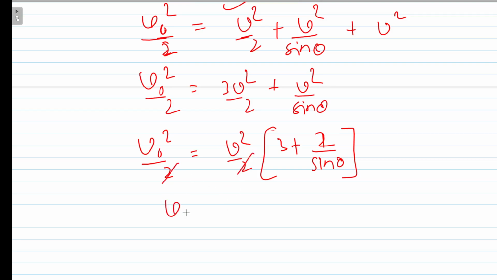This gets cancelled, so v naught square by v square is equal to आ जाएगा 3 sin theta plus 2 by sin theta.